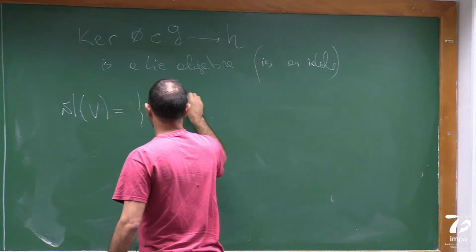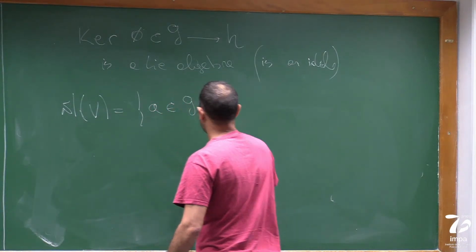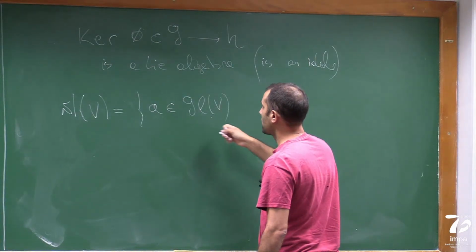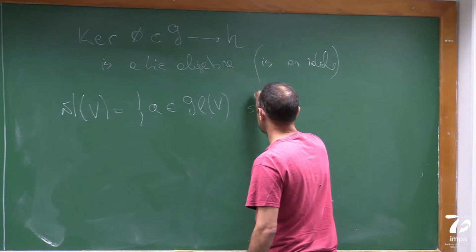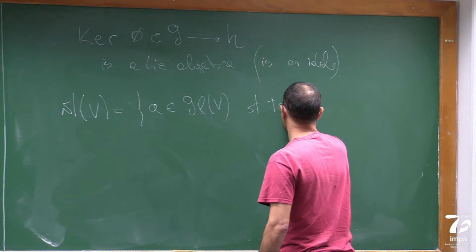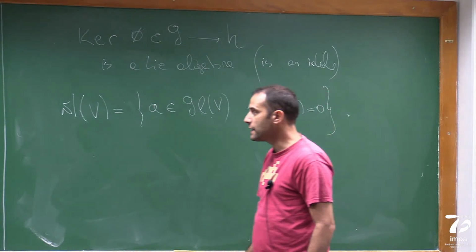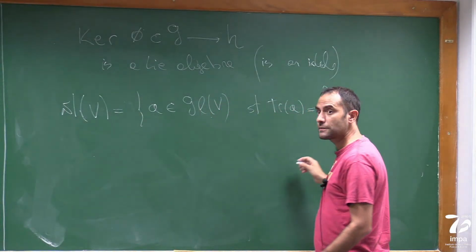So these are elements in GLV, but this makes sense only when V is finite dimensional. So these are elements in GLV such that the trace of A is equal to 0. So this is a Lie algebra with a bracket.